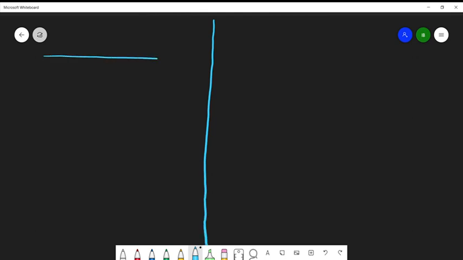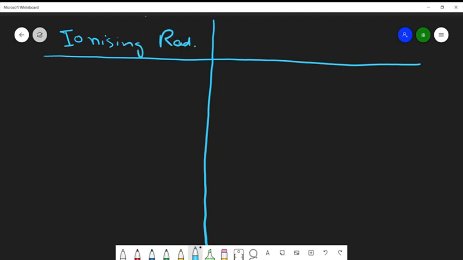On one side, we will write the ionizing radiations, and here we will write the non-ionizing radiations.